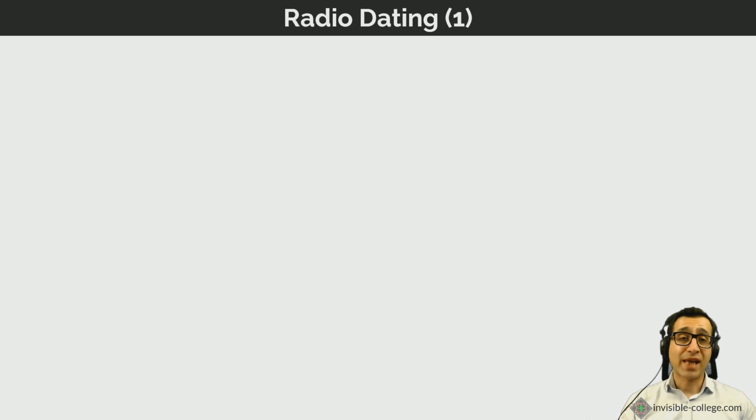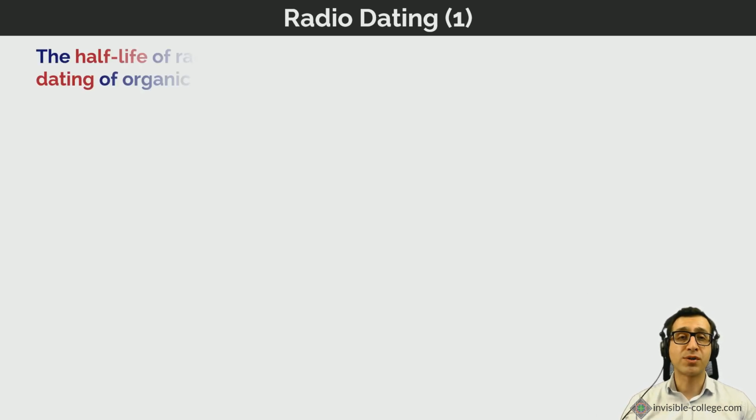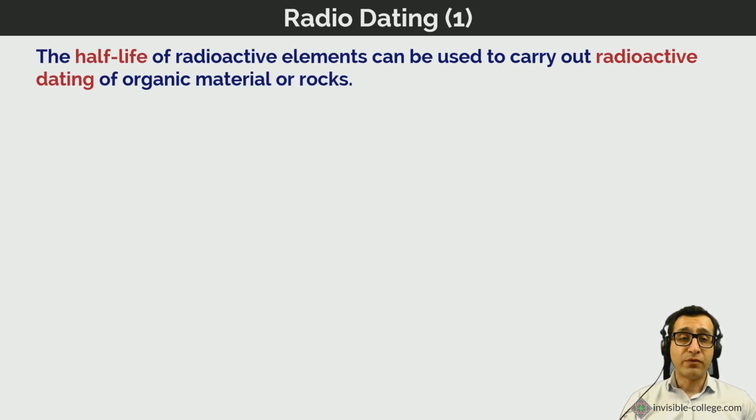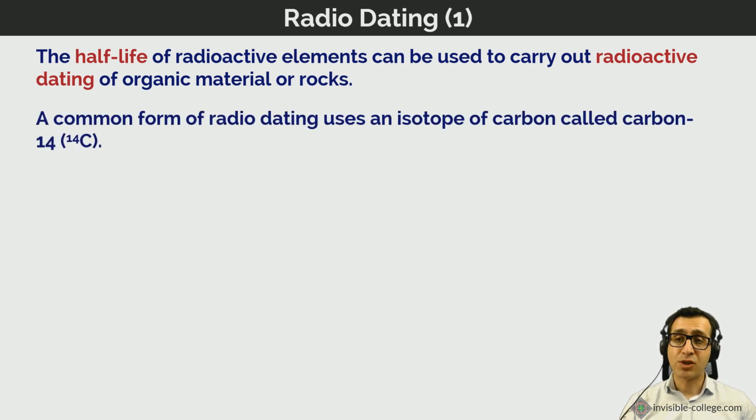So the half-life, once again, of a radioactive element, such as carbon-14, can be used to carry out radioactive dating of either organic material, in the case of radiocarbon dating, but also in geology we can use the half-life of radioactive elements found in rocks to calculate the age of those rocks. So a common form of radiodating uses an isotope called carbon-14 that we mentioned before.